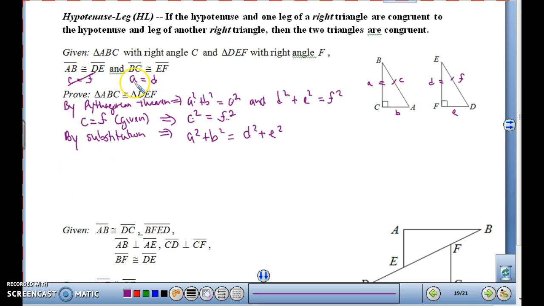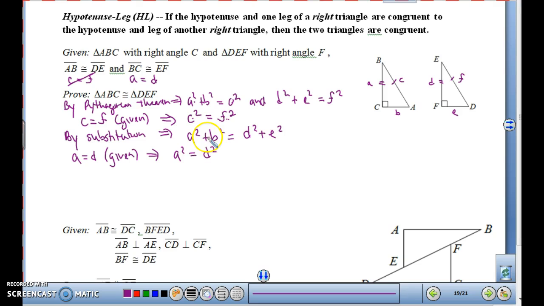Now, we also know that a is equal to d. So if a is equal to d, that's given, that implies that a squared is equal to d squared. So what can we do with these two statements right here?